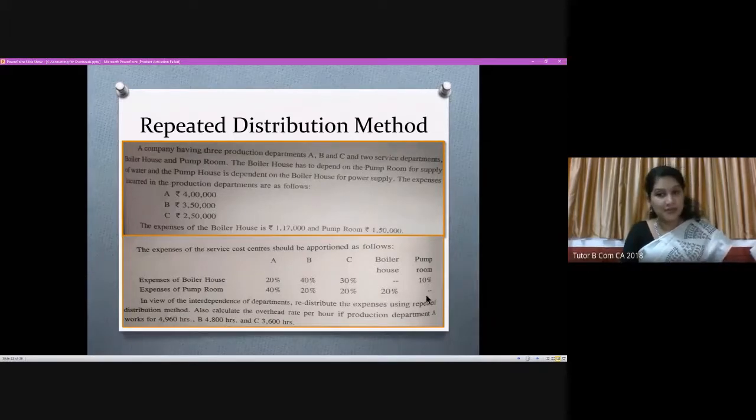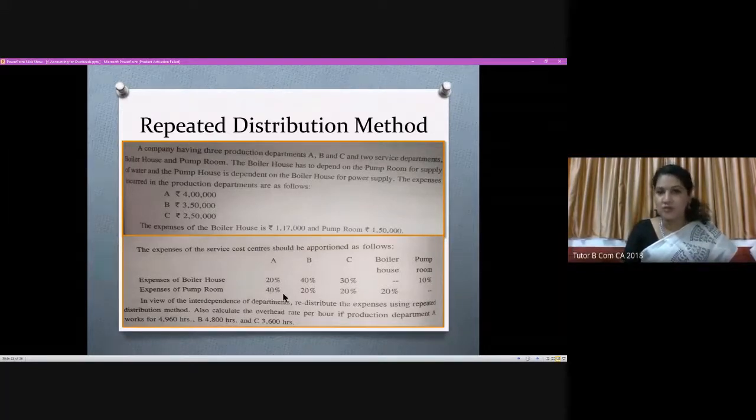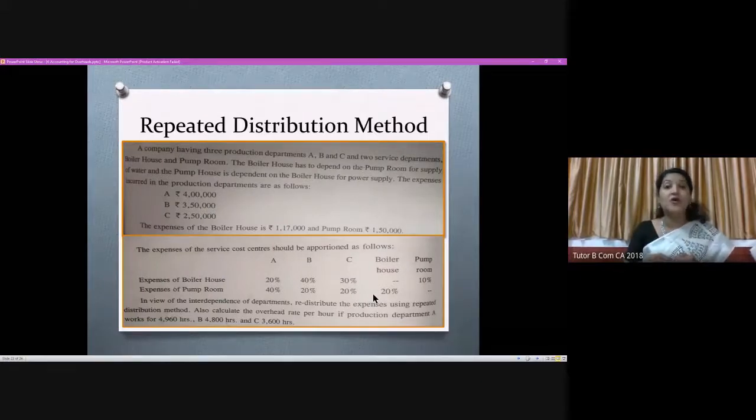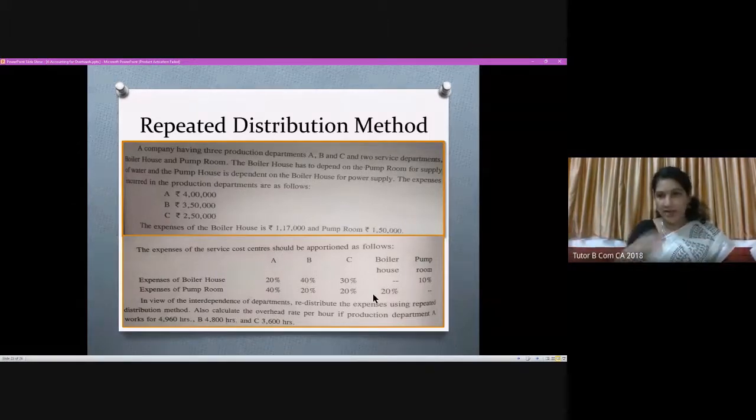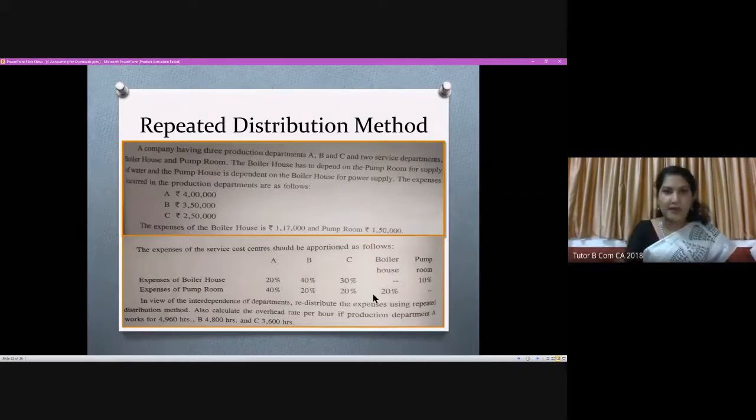But since it is the expense of pump house, we need not distribute that to the pump house. So the ratio would be 4:2:2:2. It is in this ratio we have to do it. We are going to continue this process until the expense is nullified. I'll show you the answer and how that is done, but I'm explaining that at the beginning for you to understand.